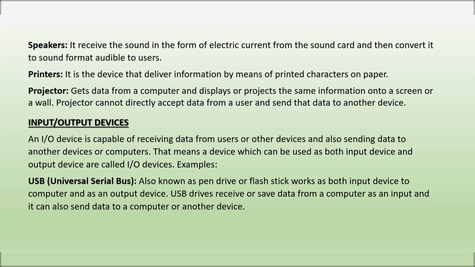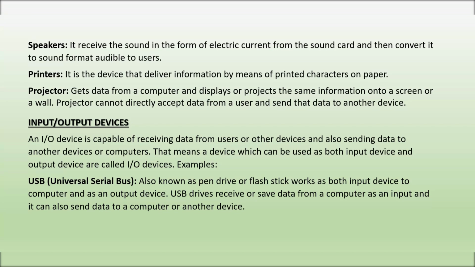Okay. Next, printer. It is a device that delivers information by means of printed characters on paper. The work of the printer is to provide the printable form to the user. Next is a projector. Projector gets data from a computer and displays it.